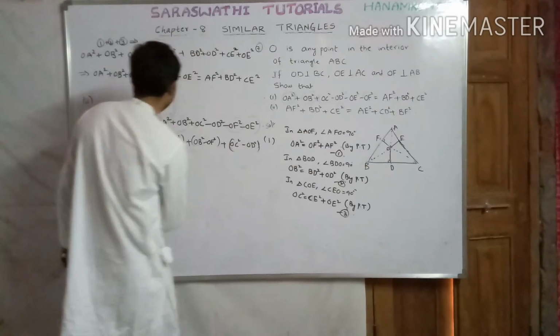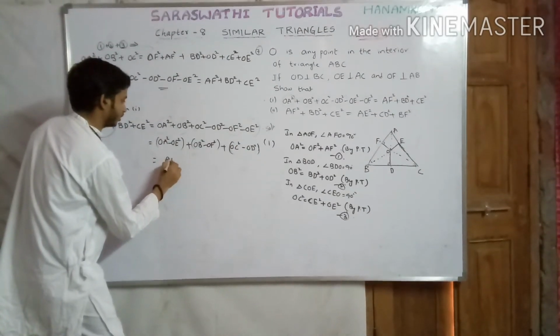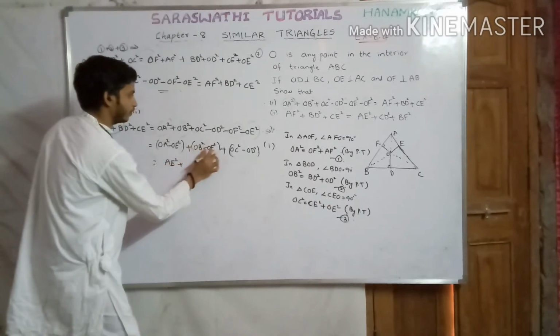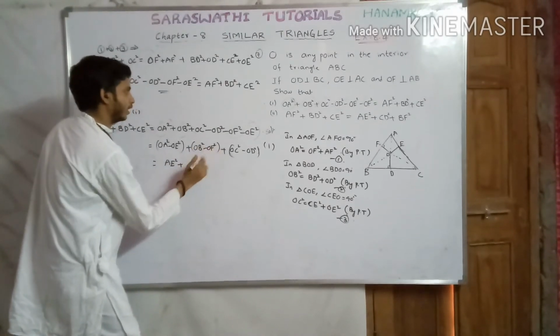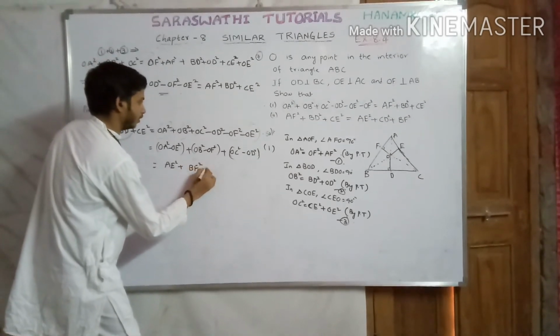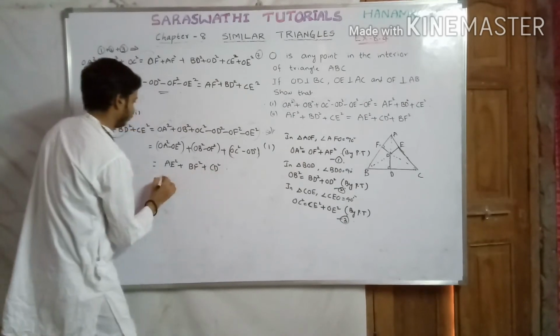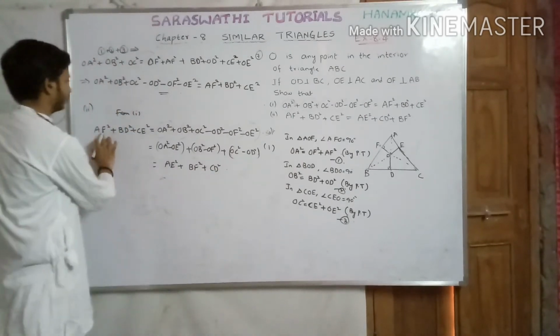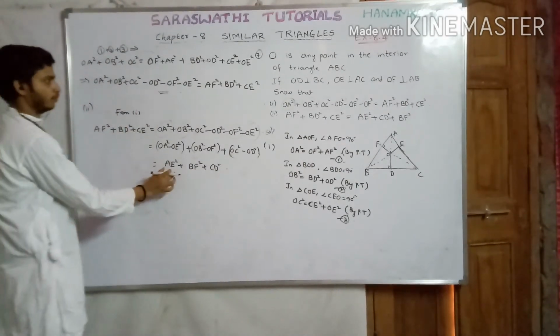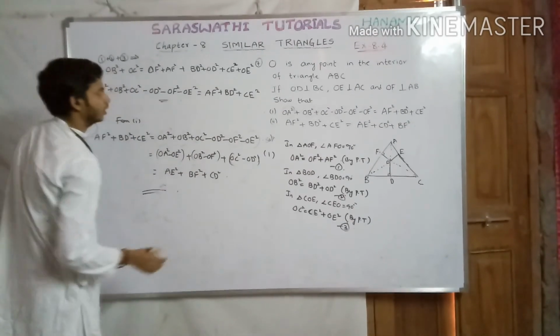So AF square plus BD square plus CE square equals AE square plus BF square plus CD square. So this is the required proof.